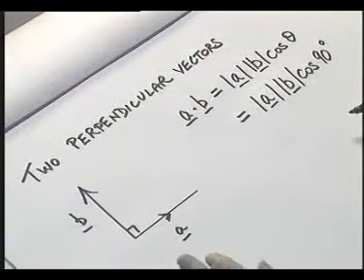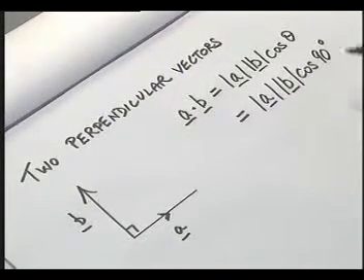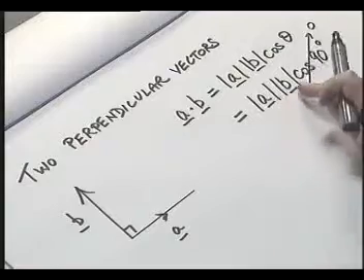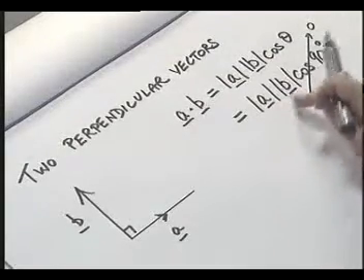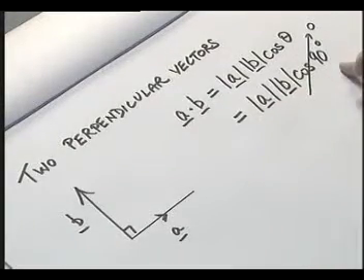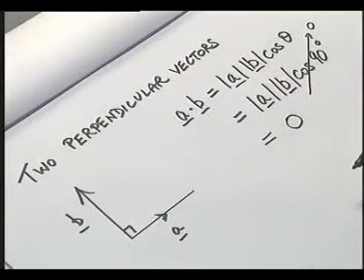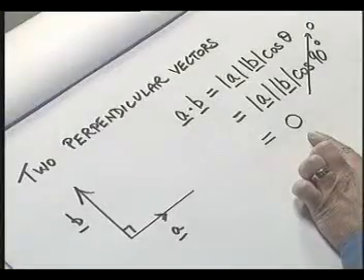Now, you either should know, or you can easily check on your calculator, that the cosine of 90 degrees is 0. So these two moduli, whatever they are, are multiplied by 0. So the answer that we'll get will be 0. This is a very important result, that if you have two vectors which are perpendicular, their scalar product is 0.